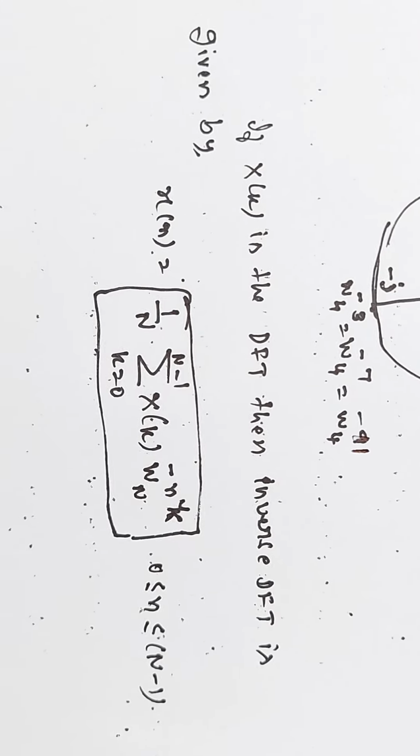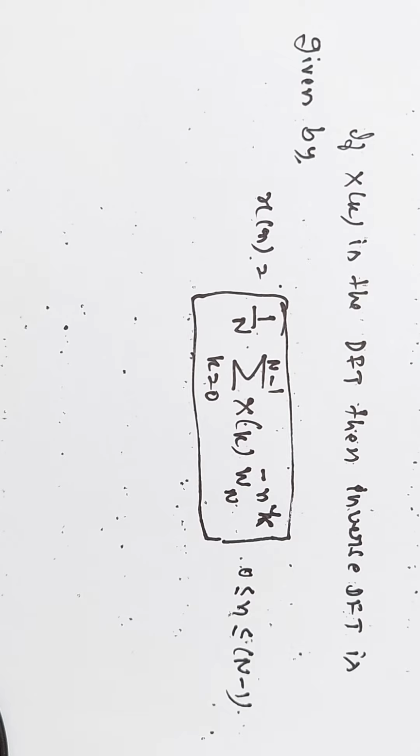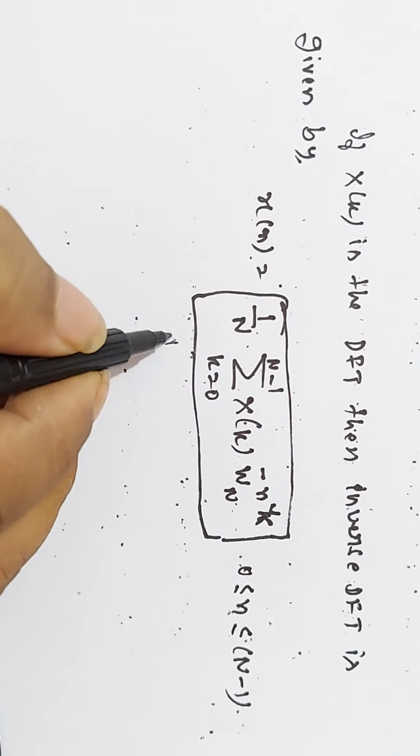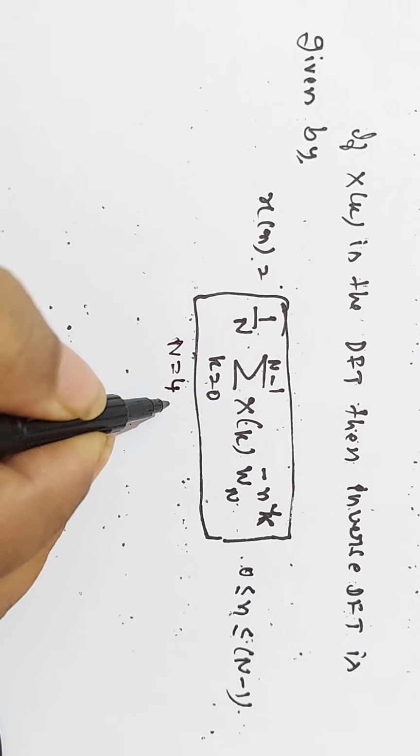Now, let us solve only the 4-point IDFT, the 4-point inverse DFT. For 4-point, we know that N is equal to 4.